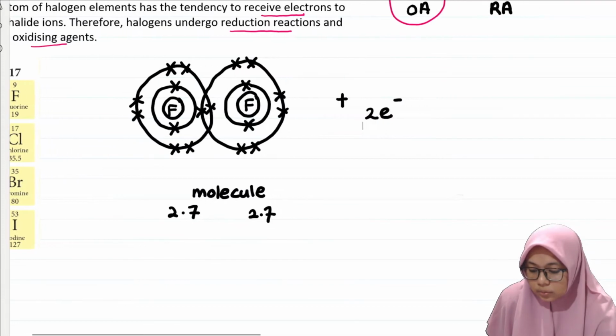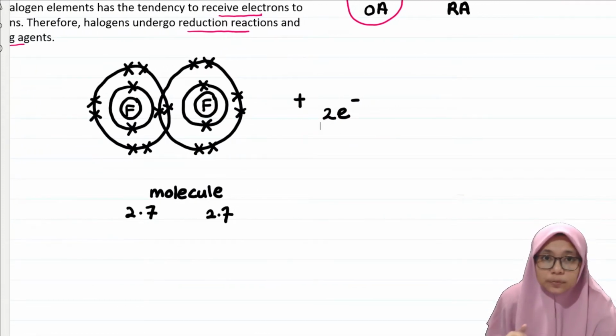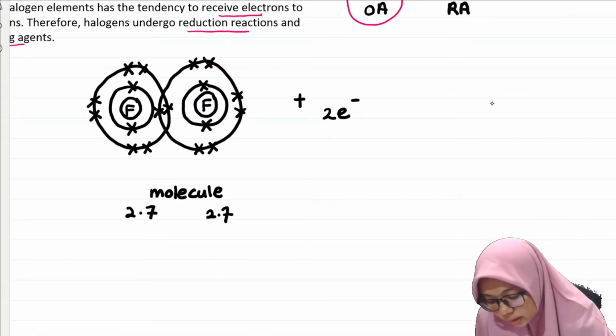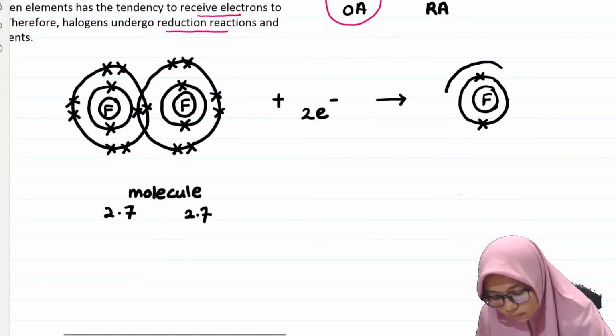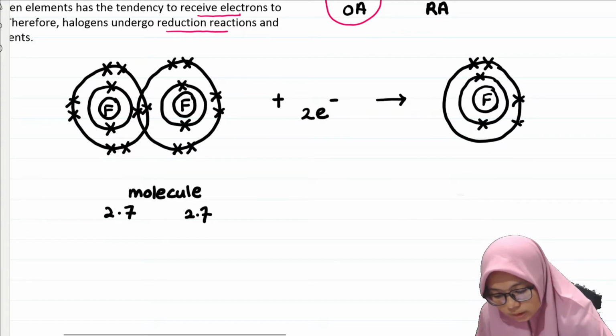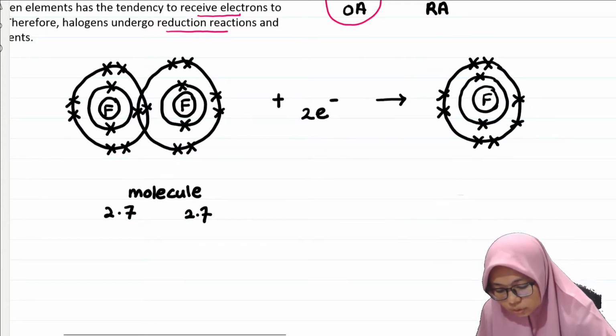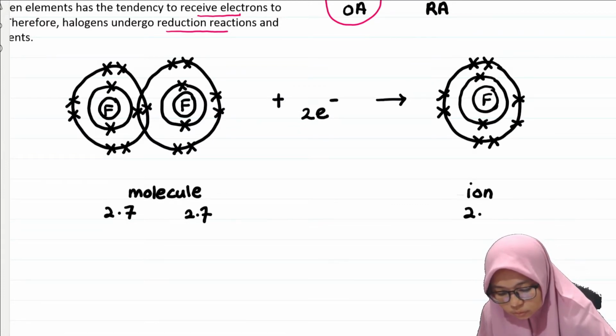Okay, so what it will form is the fluoride ion. So for the fluoride ion, the electron arrangement becomes 2.8. So let me draw the fluoride ion. The electron arrangement will become 2, 8. So this is an ion with electron arrangement 2, 8.